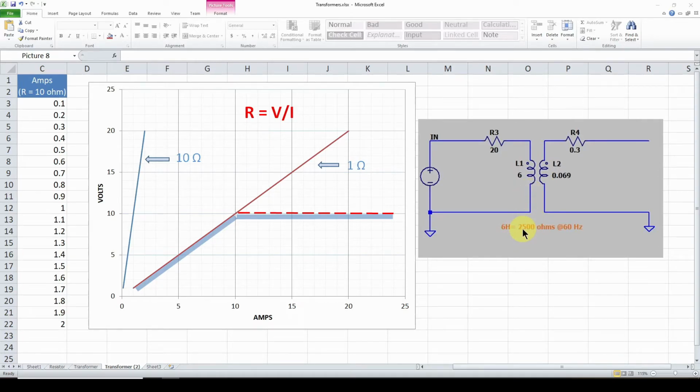Which meant it was about a 2,500 ohm inductive reactance at 120 volts. However, when you apply more than 120 volts, suddenly it's no longer 2,500 ohms. It can be very, very low. It could be like 10 ohms or 1 ohm, depending on how much voltage you apply.